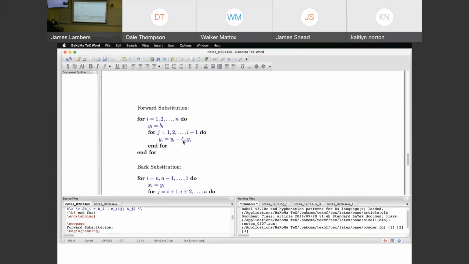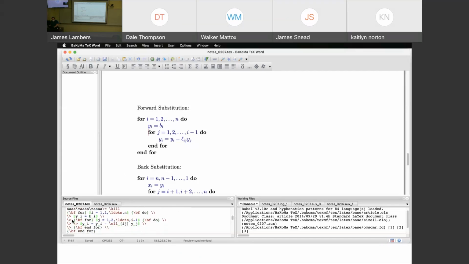But the matrix L that comes from Gaussian elimination has the same lower bandwidth as A. So if the indices i and j differ by more than 1, this entry is 0. So we only need to look at j equal to i minus 1.